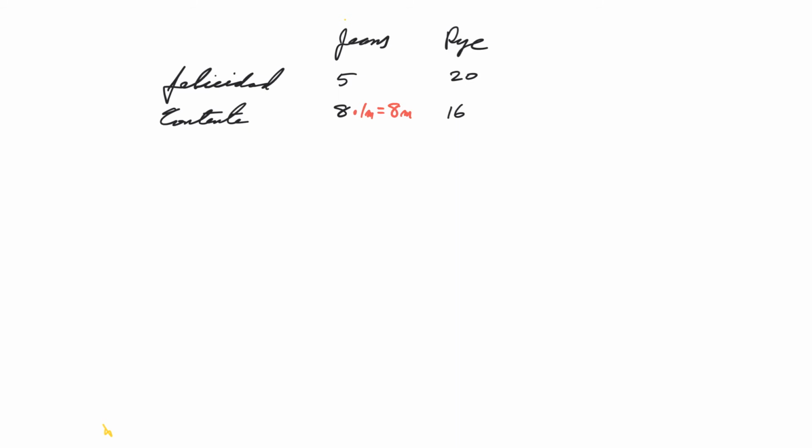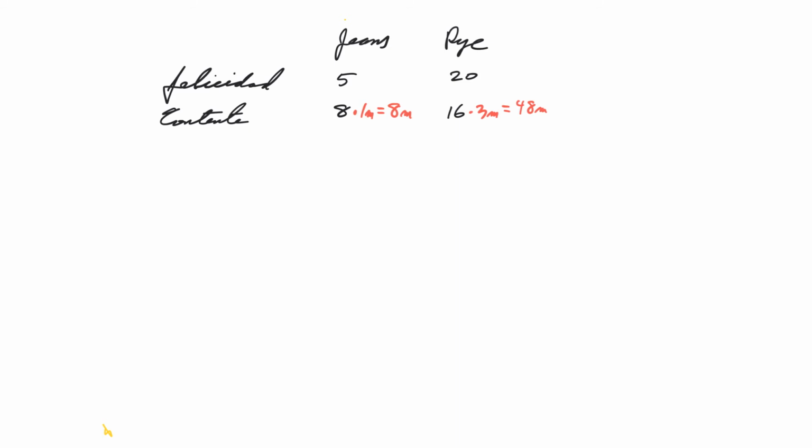And then I guess the other 3 obviously are going towards rye. It tells us that. So 3 million, put a little m for million, times 16 gives us 48 million rye. That's Contente. And like I said, it gives us these numbers. That's how we get them.